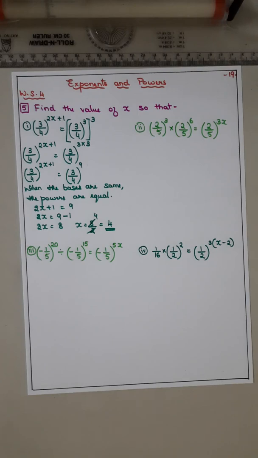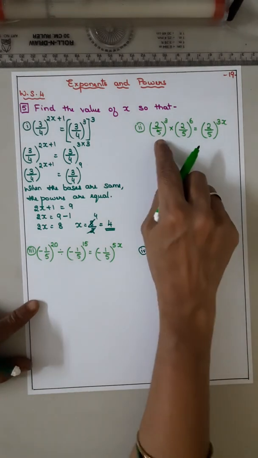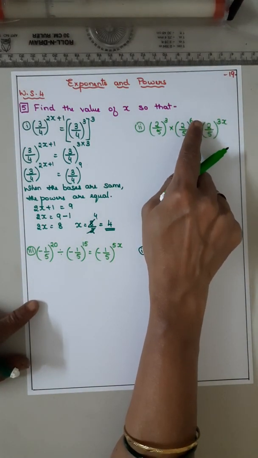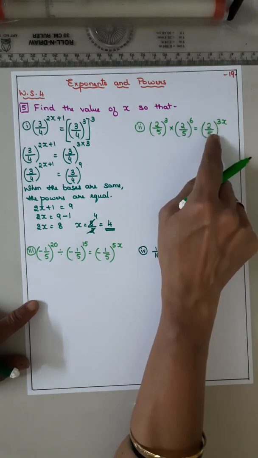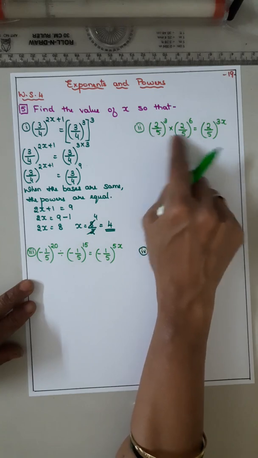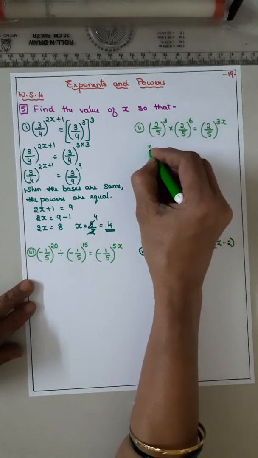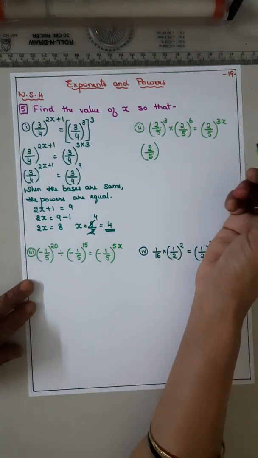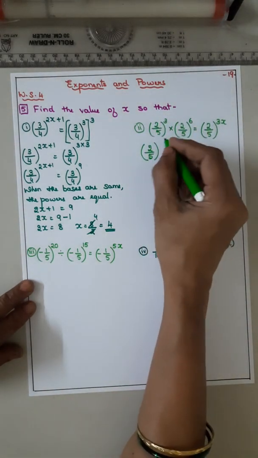Clear? Now coming to the second sum, (2/5) raised to 3 into (2/5) raised to 6 is equal to (2/5) raised to 3x. First we have to solve this. The bases are same and in between there is a multiplication sign. So what we have to do?